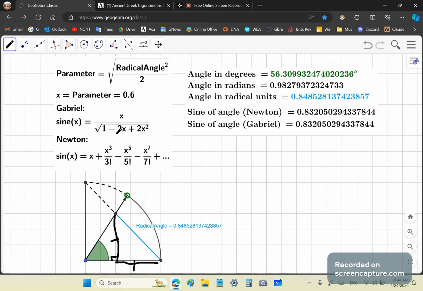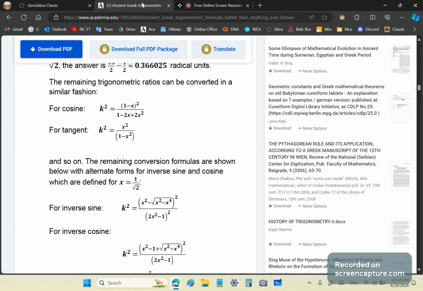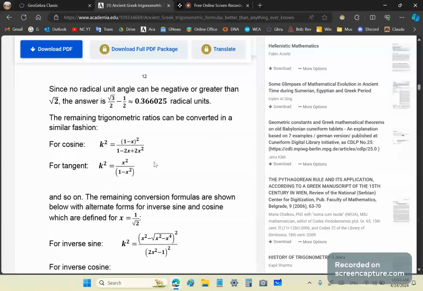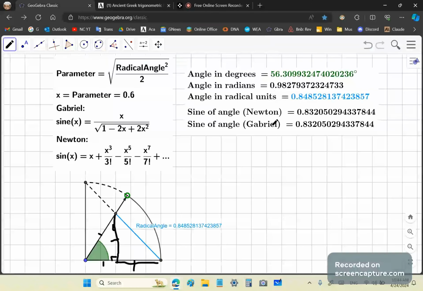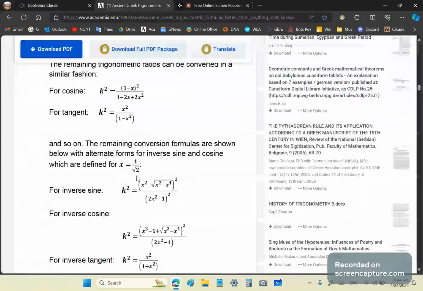So you have this parameter from which you can find this length and that length, and you've got all the ratios. Of course, everything is explained for you in here. Notice there is no direct conversion from radical angle units to degrees or radians or vice versa, but I've given you conversion formulas and they're all in this document.